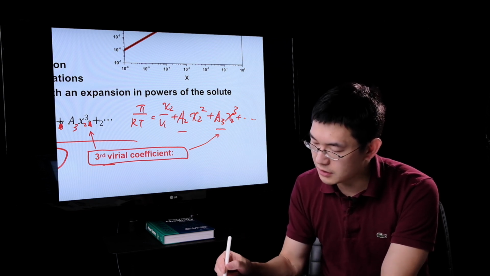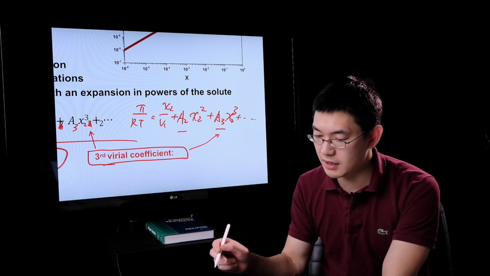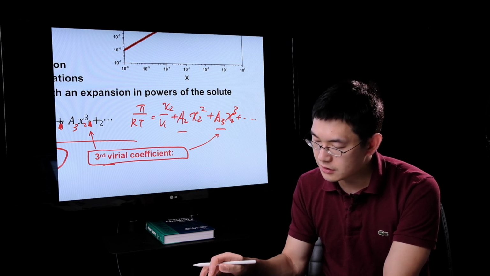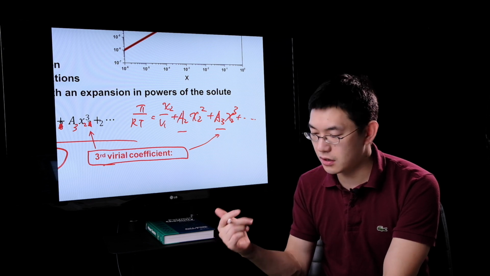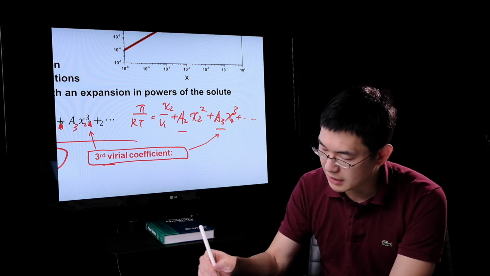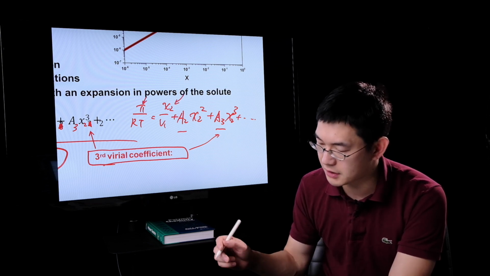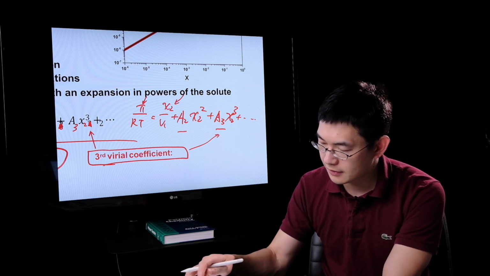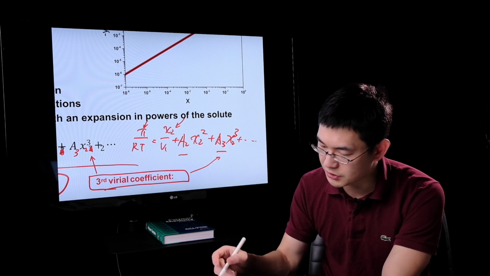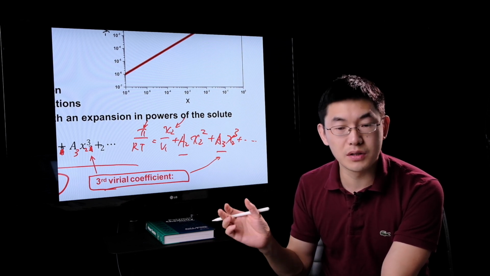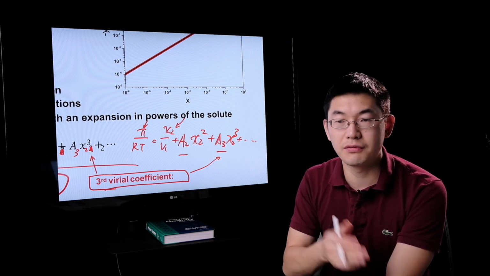And x2 is the concentration of the polymer, as we already know. So what you can do now is very simple: measure the osmotic pressure, pi, with respect to x2. In the later part we're going to show that what you need to do is prepare a polymer solution at different concentrations.